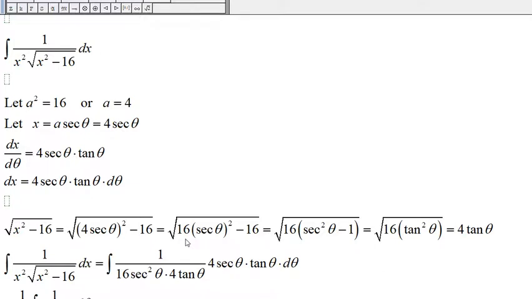Common factor of 16, so we have 16 times secant squared theta minus 1. From trigonometric identities, secant squared theta minus 1 is tangent squared of theta. The square root of 16 times tangent squared is 4 times tangent of theta.